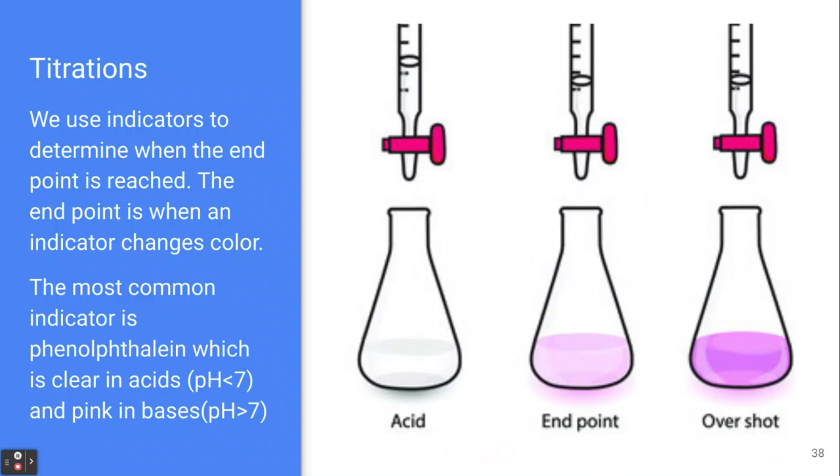And so when we do the titration, you're going to try to get that light pink color. You don't want to overshoot it and get a really dark pink color. You're just going to shoot for a very light pink color. When that light pink color has been hit, that tells us that we have gone from an acid to a base, or from a base to an acid, whichever way you look at it. And so that's the point that we're trying to get to.